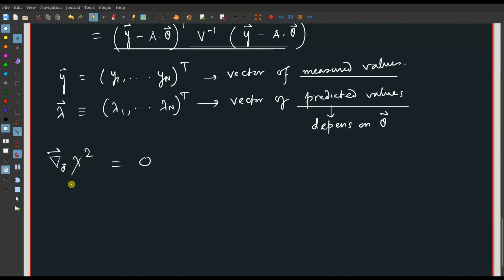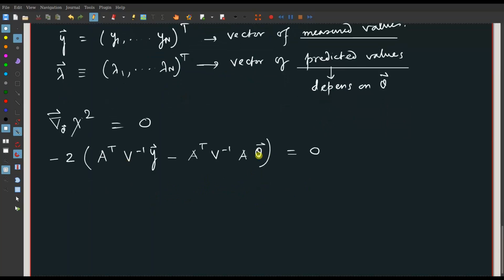So I will ask you to check whether this holds true: minus 2 A transpose V inverse Y vector, minus A transpose V inverse A theta, should be equal to 0. This basically enables me to calculate the best fit value of theta.